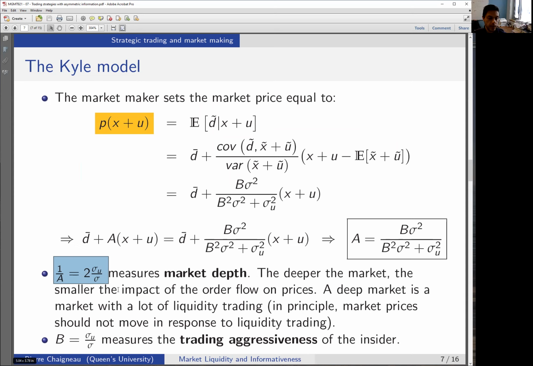So when sigma is large, meaning that the informed trader, the insider, knows much more than the market maker does, in that case it would be expensive to trade, in the sense that the market will not be very deep, and trades are going to have a strong impact on market prices.